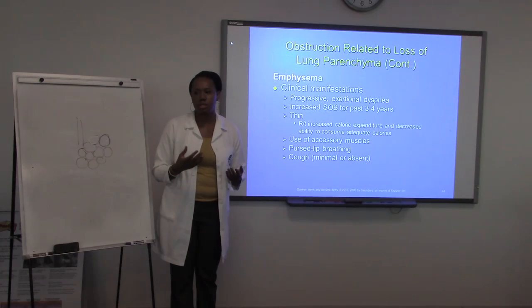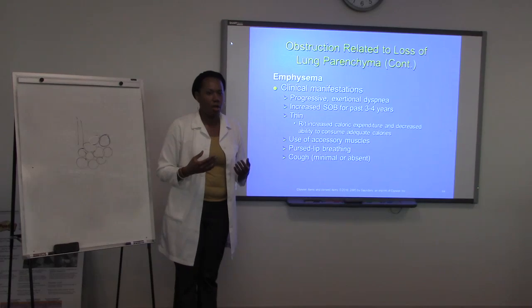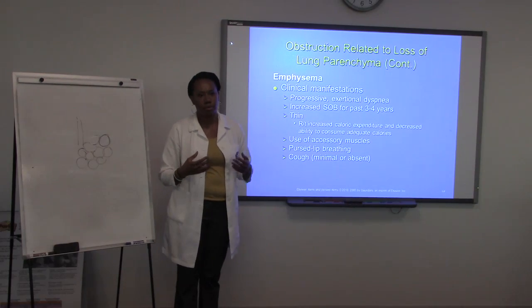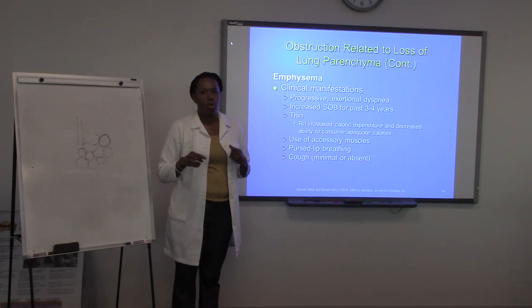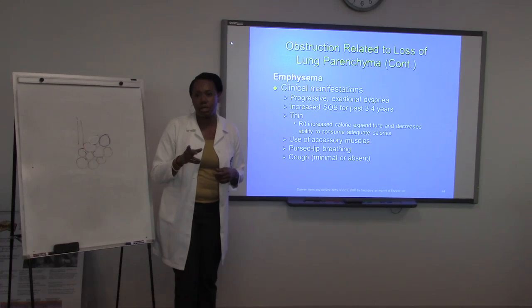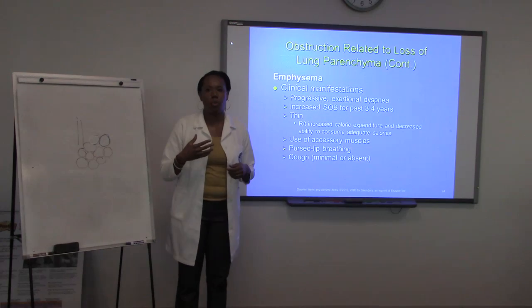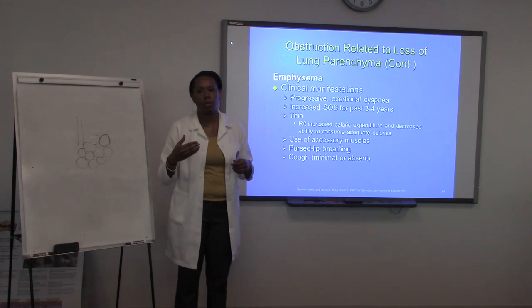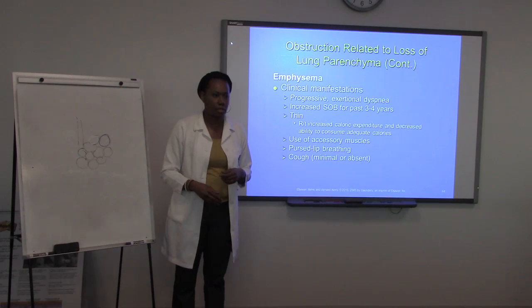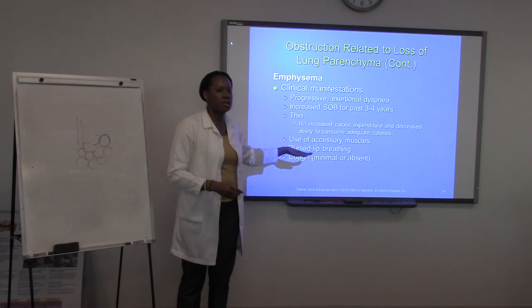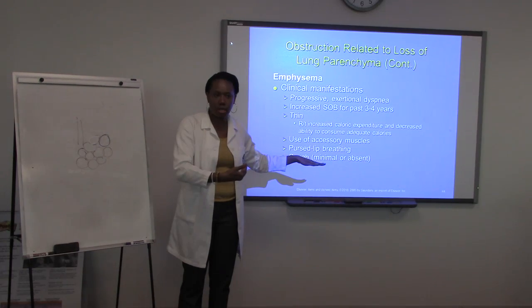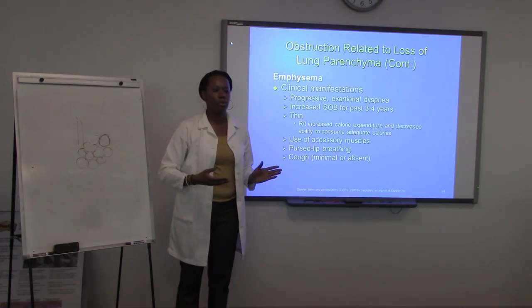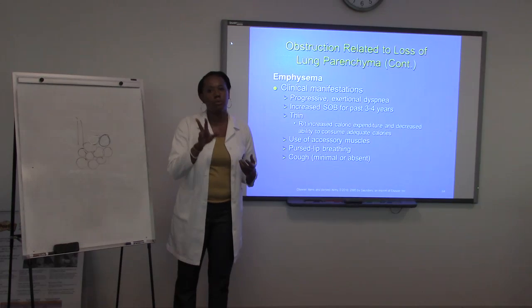what do you think is going to happen? Increase CO2? You're going to do the opposite. You're going to increase oxygen. Why? Because what is this? Hyperventilating. That pursed-lip breathing, unfortunately, puts them in a hyperventilating type state. And so when you look at their ABGs, it's not going to be what you think.